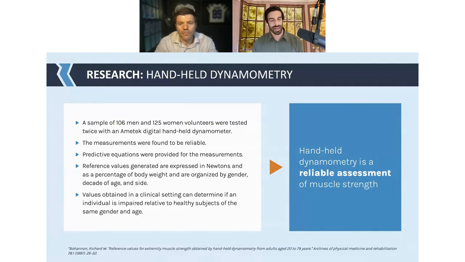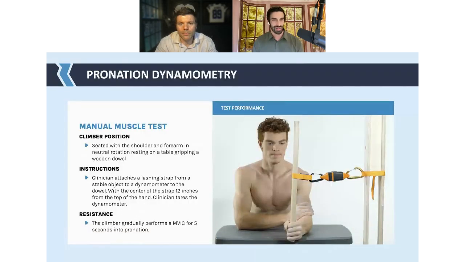So how would you test the pronators and supinators of a rock climber? This is where it gets a little tricky. If we're going to test the pronators, what I actually do is this setup that you see here. I have them rest their arm on a table. I'll have them grip something, a dowel, with their hand in a standardized grip, so it's always in the same position.